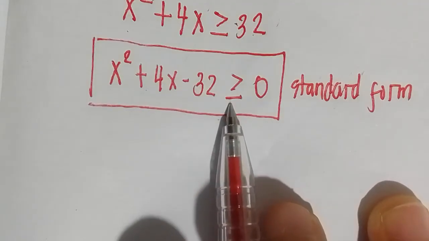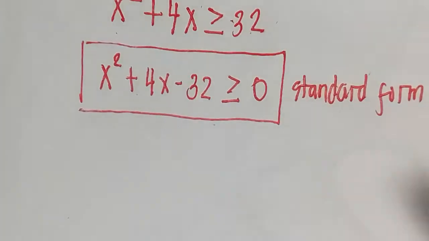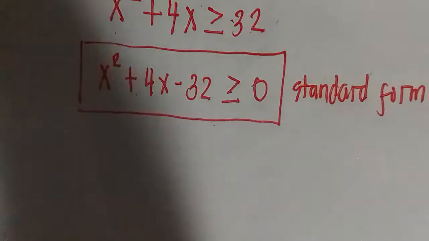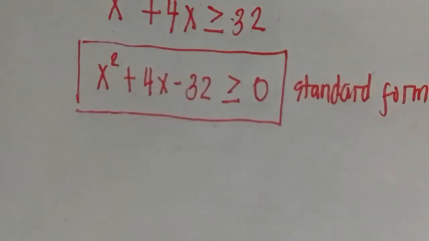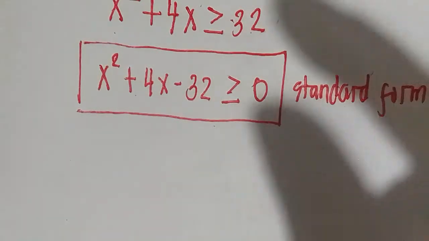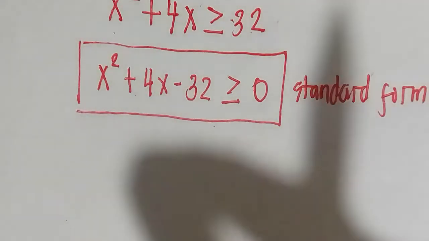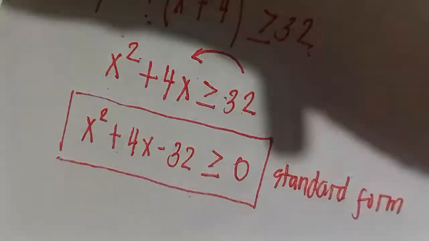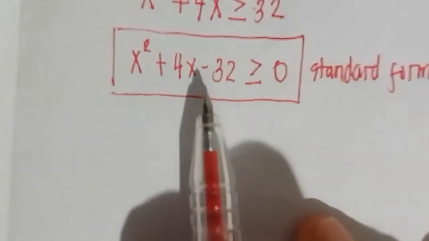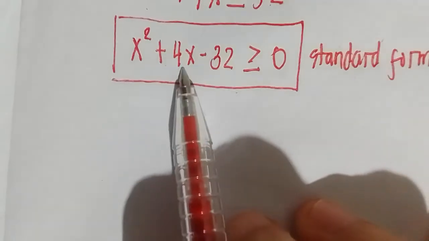So let's try. We look for the roots, two roots, and then we proceed to case 1 and case 2. In getting the roots, we will apply factoring, the easiest method and one that saves time. We have the value of C as negative 32 and the value of B as positive 4.